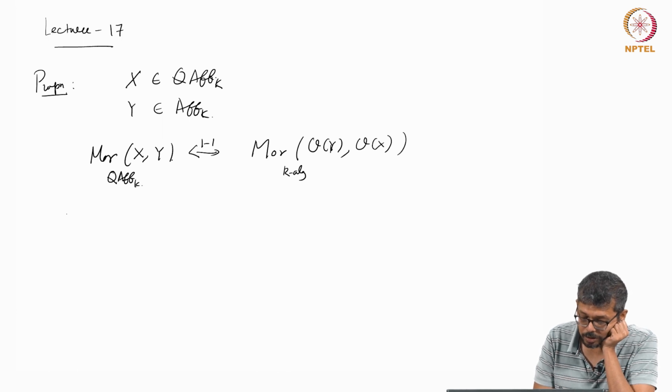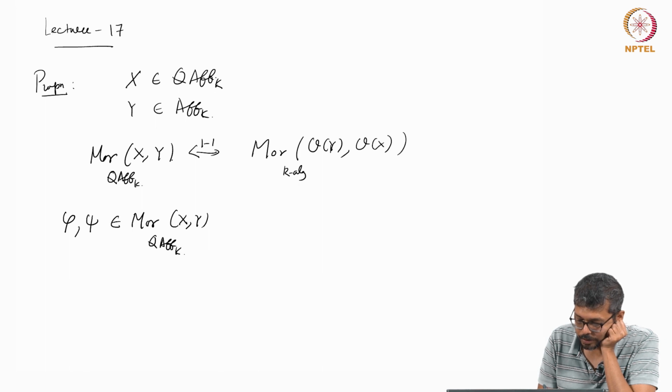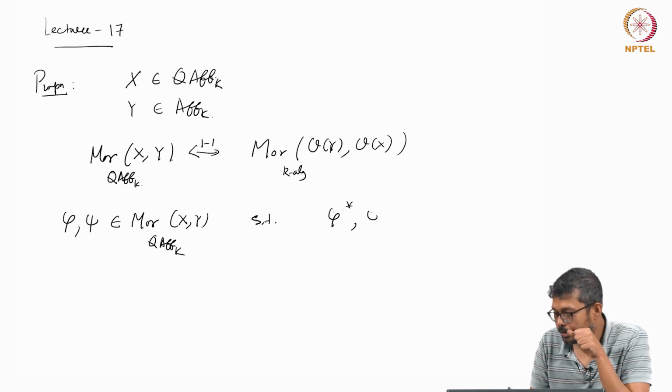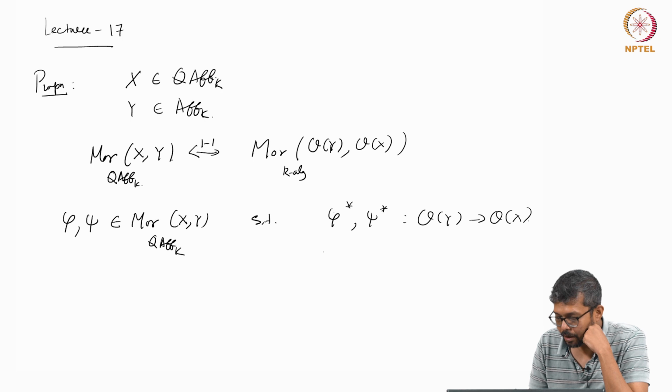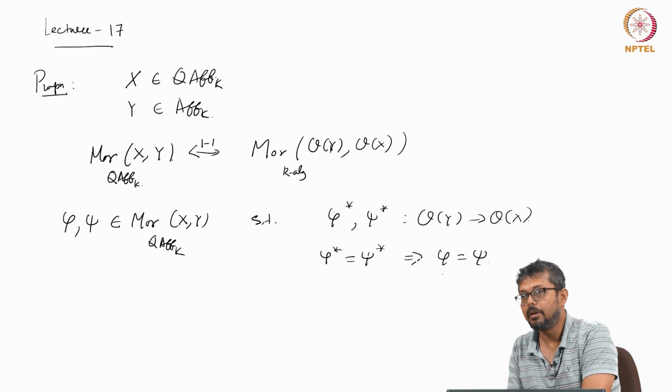I already saw that if you have two maps phi and psi, morphisms from X to Y quasi-affine, such that phi upper star and psi upper star both map from OY to OX, if phi upper star equals psi upper star, this will imply that phi equals psi, right? This we have seen.